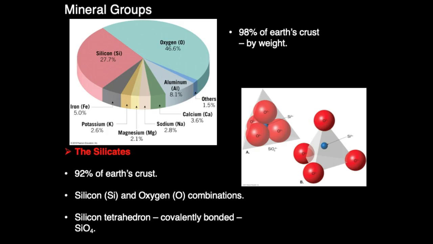Silicates comes from silica, which is silicon and oxygen put together. The building block that they form is called the silicon-oxygen tetrahedron, and it is a pyramid-like structure with 1 silicon atom in the middle and 4 oxygen atoms making the corners of the pyramid, or the prism, if you would, which is right here on this image on the right.